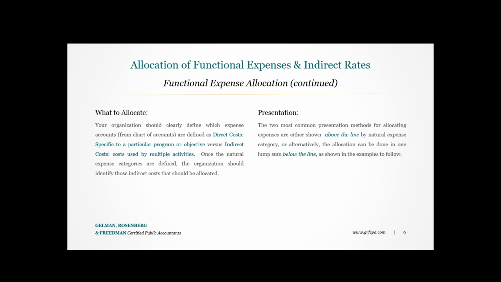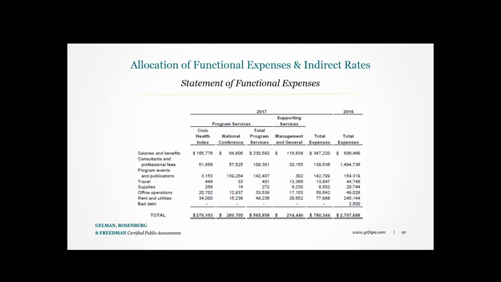And so the first statement, and I'm going to flip to it because I think it's easier to visualize this way. Here you'll see that along the side, we have our natural expense categories, the salaries, the consultants, travel, rent, and across the top, we have two identified programs.